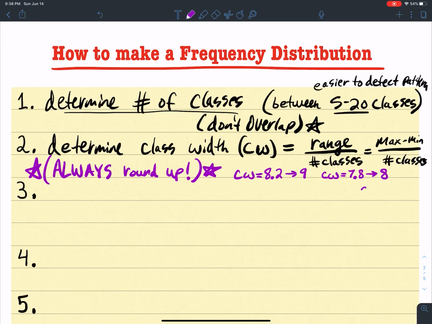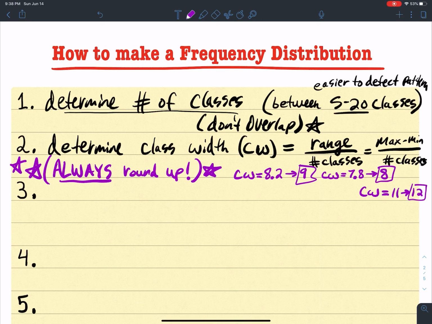What if you got a CW equal to 11? You always, always round up to the next whole number. Round up to 12. So even if it is a whole number, you always round up to the next whole number. No matter what, always round up.